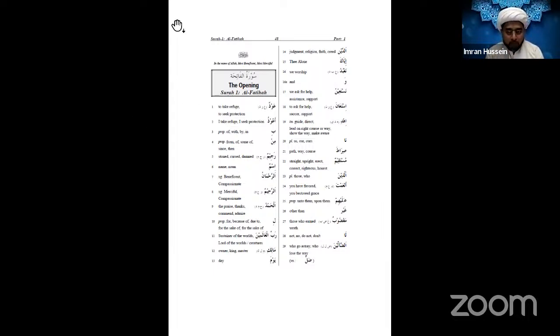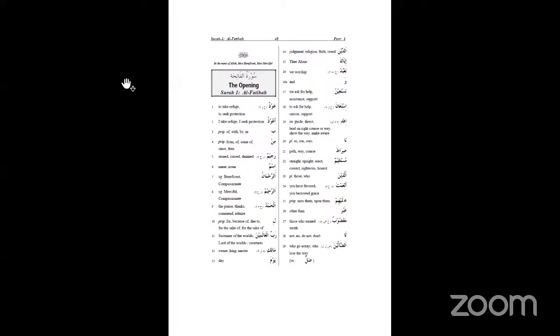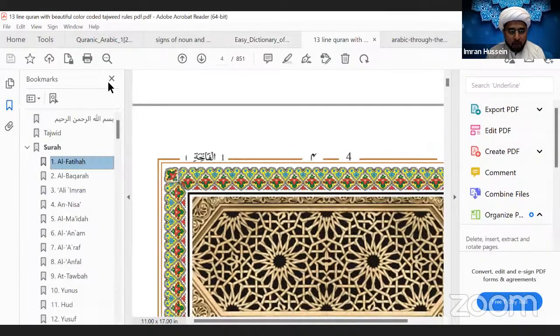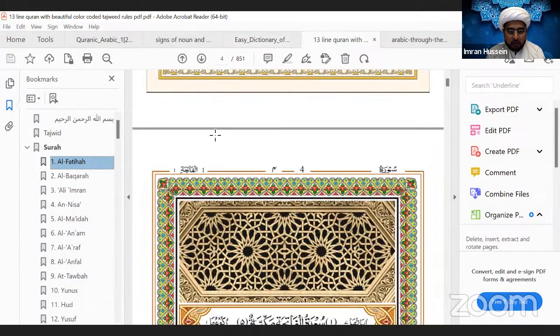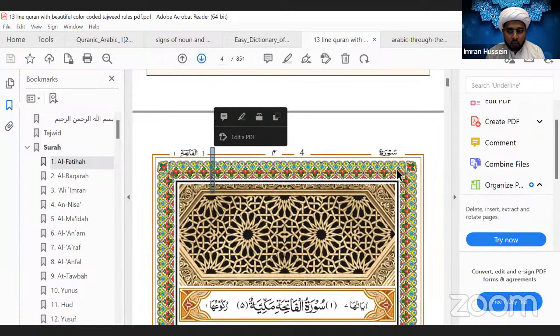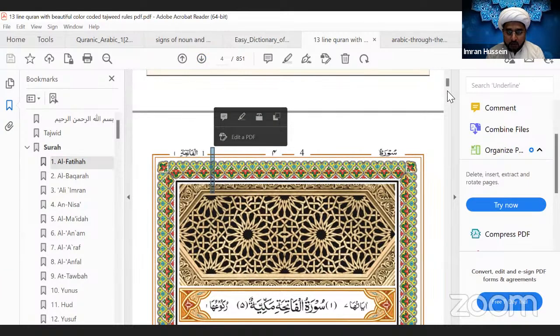Some people, when they teach Quranic Arabic, would go through this method. I'm going to explain both of the methods, and I will tell you the method which I will be using to teach. Now, one method is this.